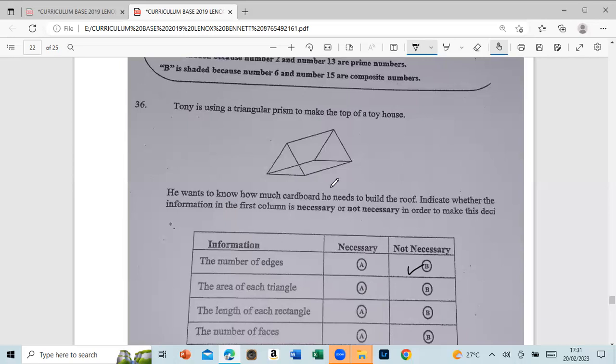So you have the triangle. Well, that's not necessary. I would say that's not necessary, but the length of the rectangle is, because that's the way I put the roof part.